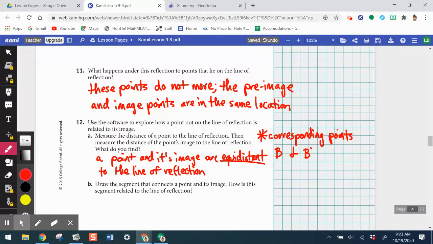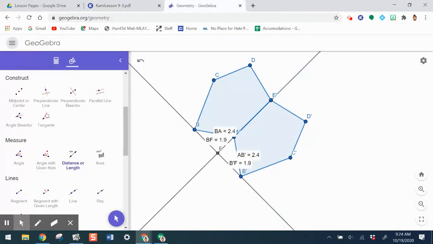Then part B says, draw the segment that connects a point and its image. We've actually already done that. How is this segment related to the line of reflection? This actually goes back to something we learned in lesson 7-3. A couple things we see here: there's a reason that the distance from B to F is 1.9 and also from B prime to F is 1.9.